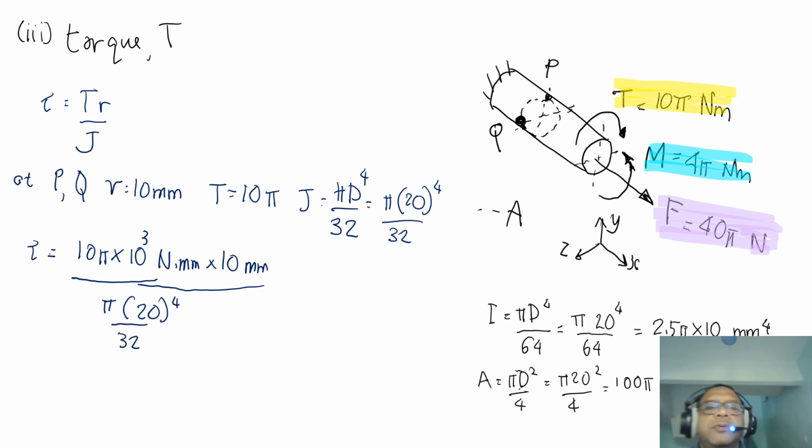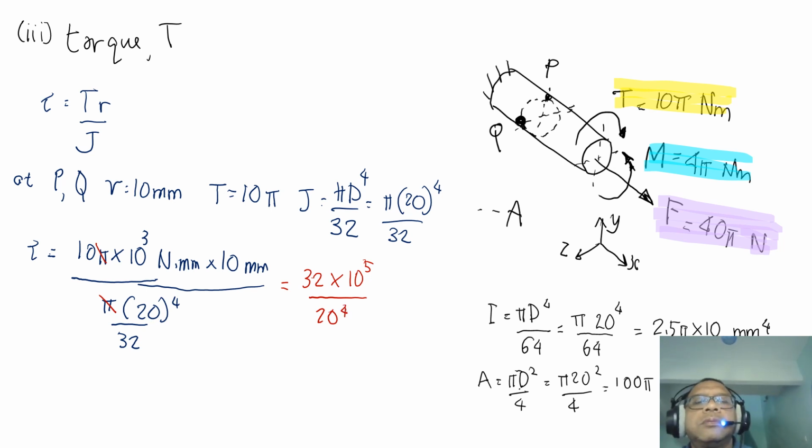Yeah, so we can start to cancel things out. So it's 10 is equals to 32 times 10 to the power of 5 divided by 20 to the power of 4.